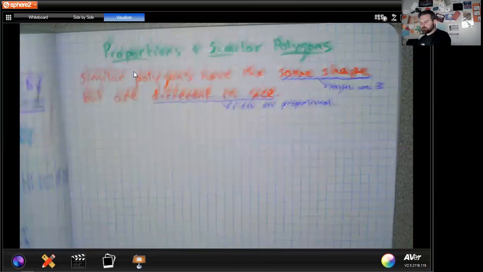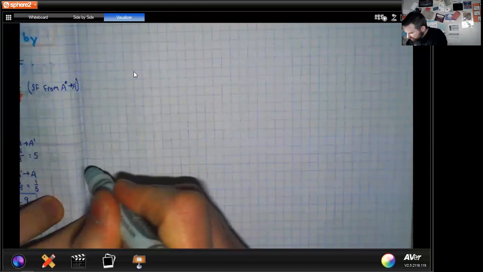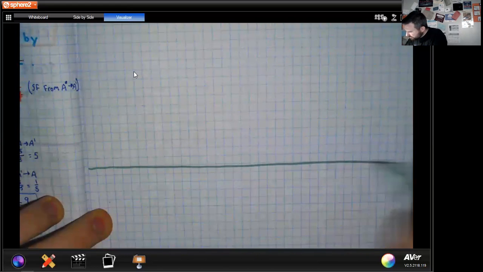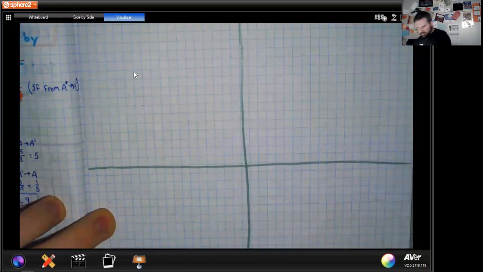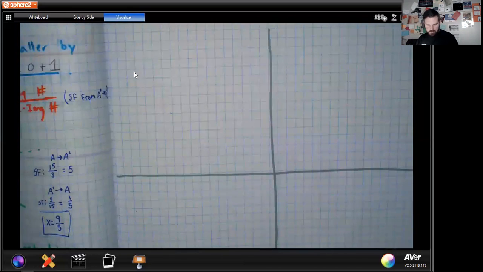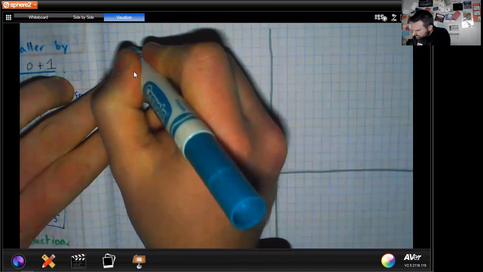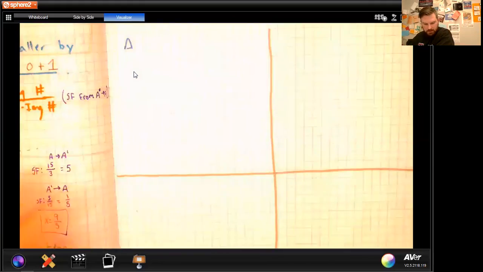So in this lesson here, I've got 4 examples. So we're going to go ahead and split our page into quarters, like so. And our first example says that triangle, sorry, I got to turn the lights on.